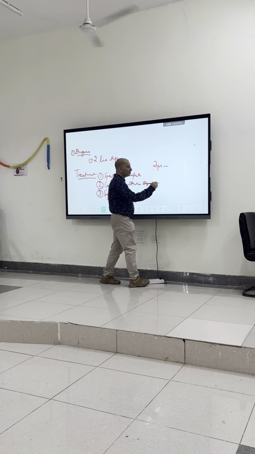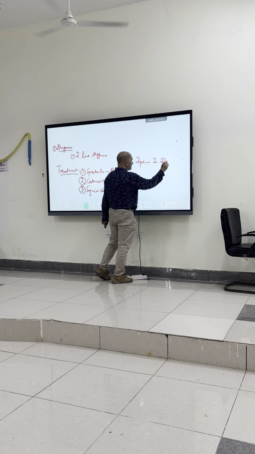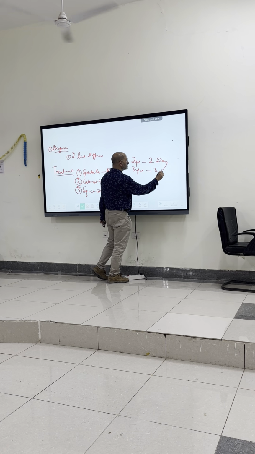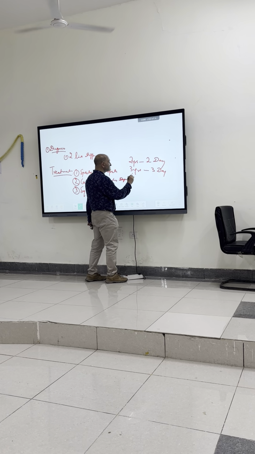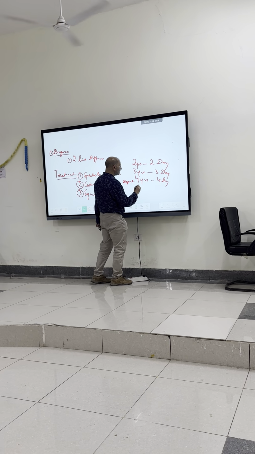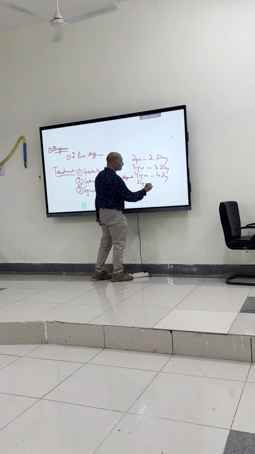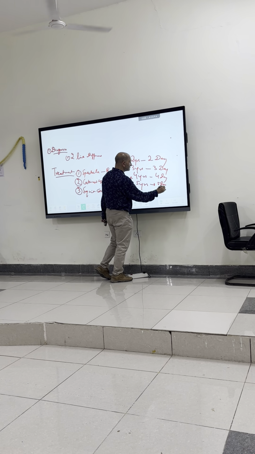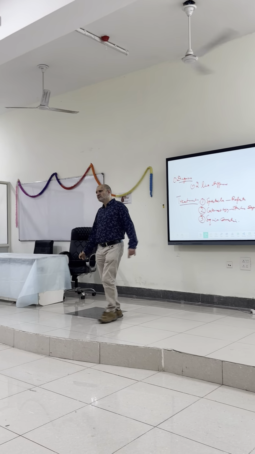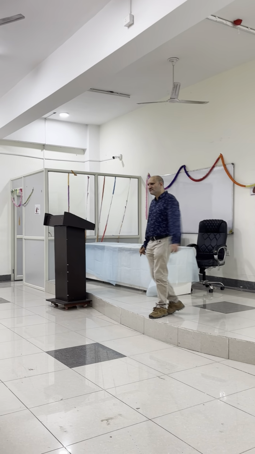Suppose the patient is 3 years, you do 3-day patching. Once it is 4 years, you do 4-day patching. If it is 5 years, you do 5-day patching. Like that. Why is it so? Can anyone explain this?